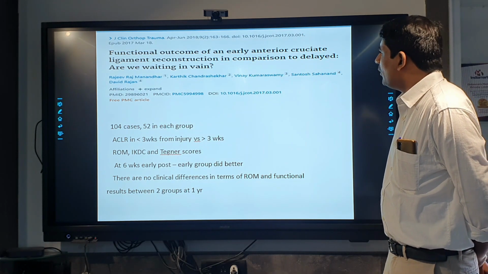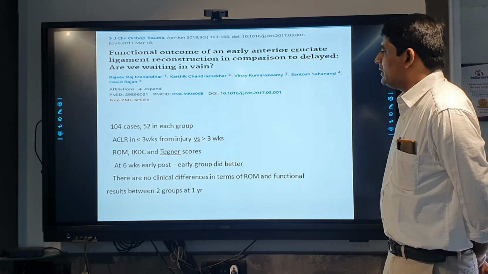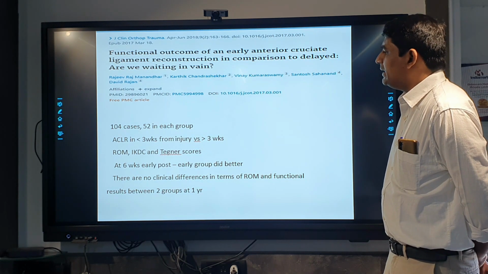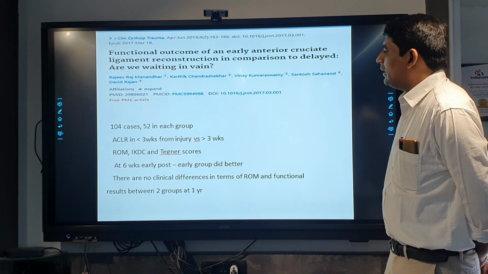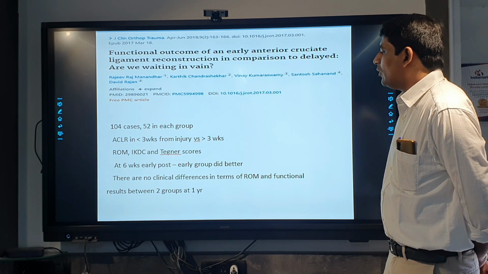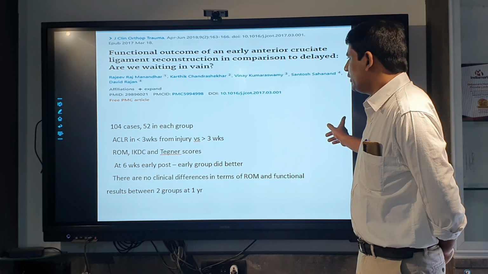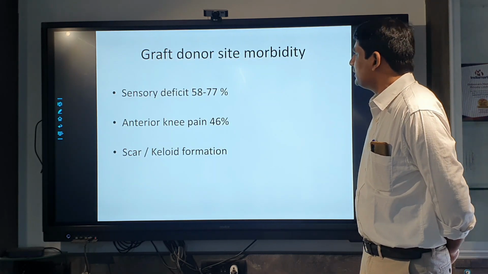They also found a better functional outcome, with better ROM, IKDC, and Tegner score at 6 months post-operatively, and at 1 year follow-up both the delayed and early surgery groups had comparable results.